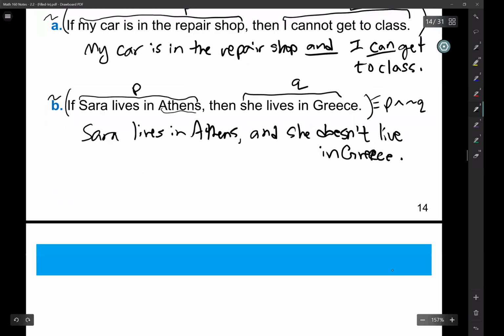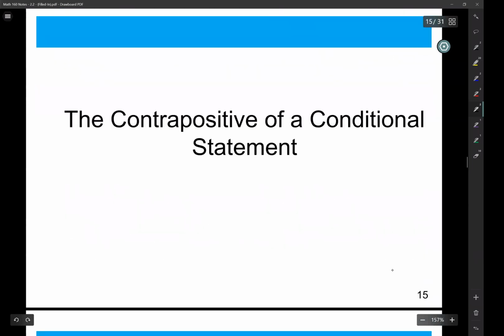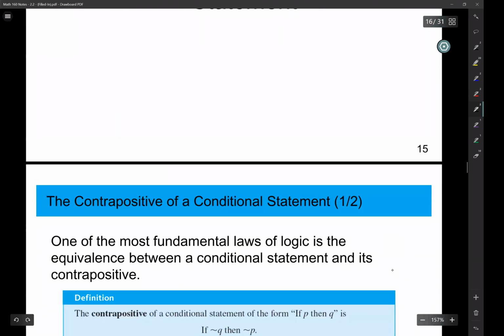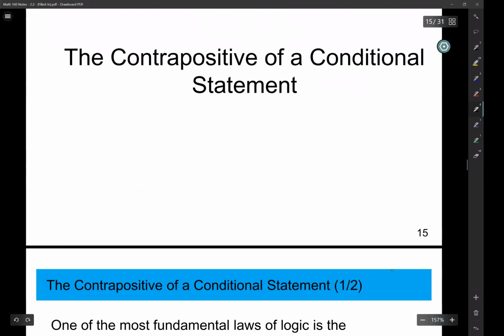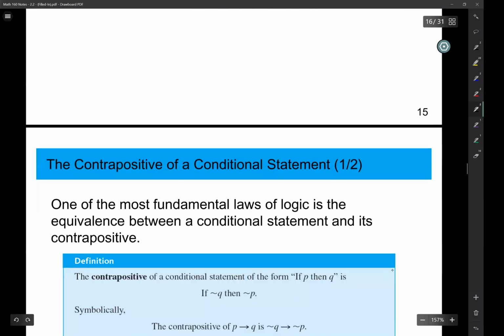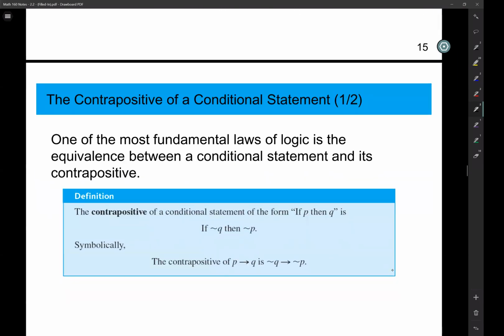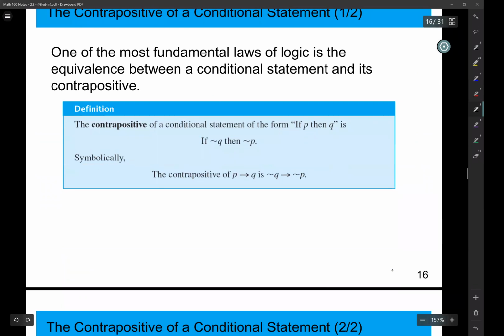Okay. All right, cool. So the last few things we're going to talk about are contrapositive, inverse, and all that stuff. So contrapositive you might have seen in geometry in high school. The contrapositive says if you have a conditional of P implies Q, its contrapositive is you reverse the order.